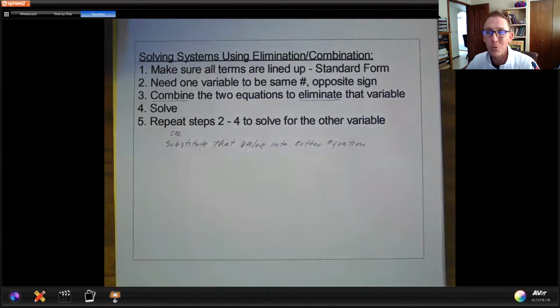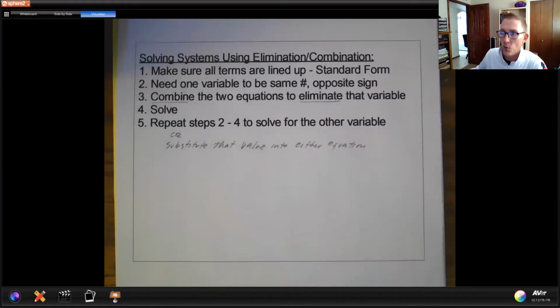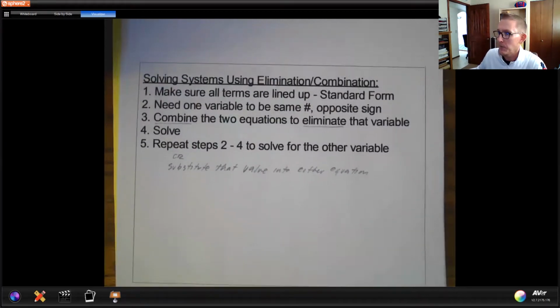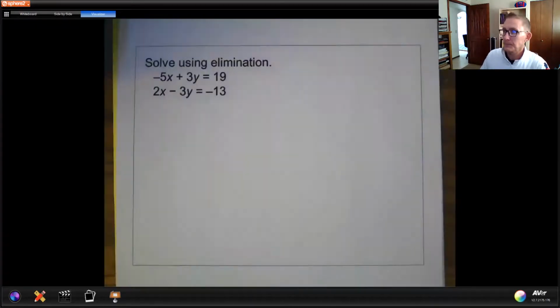I'll show you both options, and then you can decide how you want to finish it. So again, line them all up, you need one of them to be the opposite sign, combine the two equations to eliminate, solve, and then repeat those steps. If you need to pause to get the notes, go ahead and pause. I'm going to look at the first example to show you exactly what we're doing.